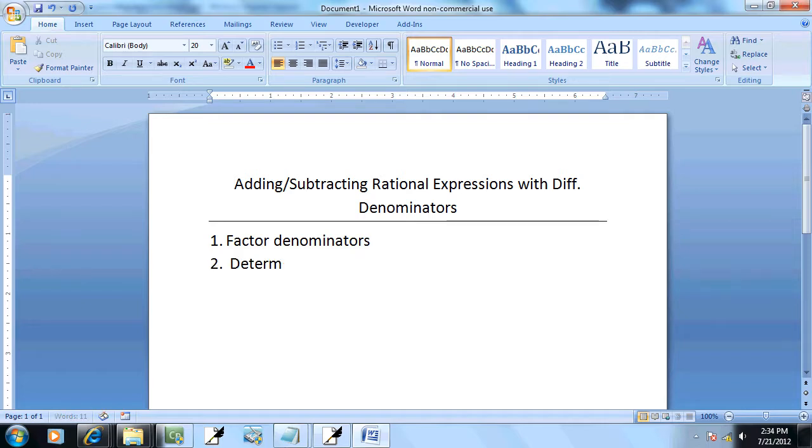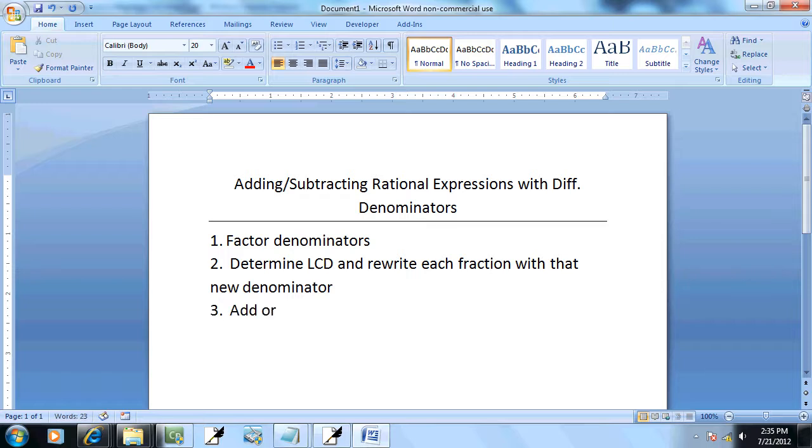Step 2, determine the LCD, least common denominator, and rewrite each fraction with that new denominator. Step 3, add or subtract the top parts and put into a single fraction.